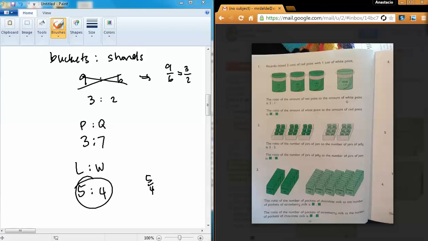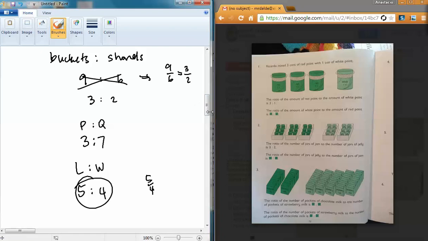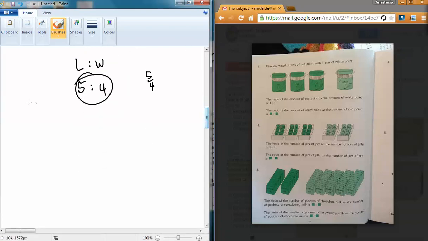That would be 3 to 1. What is the ratio of white to red? Well, there's 1 white and 3 red. They're asking for the white first, so you put 1 to 3. So the answer to this question number 1 is 1 to 3. That would be white to red, as opposed to red to white, which would be 3 to 1.